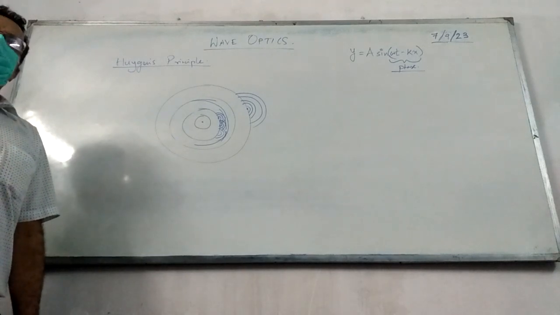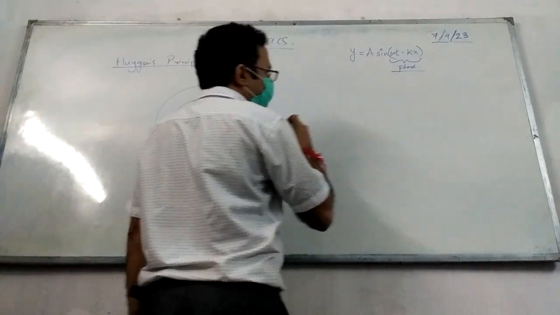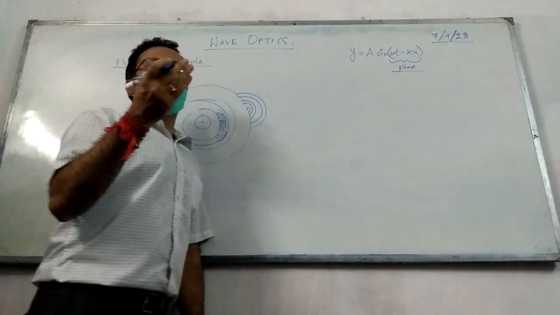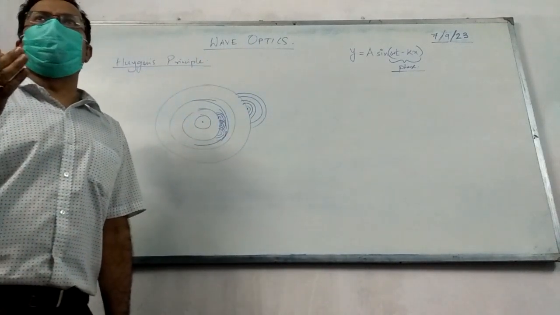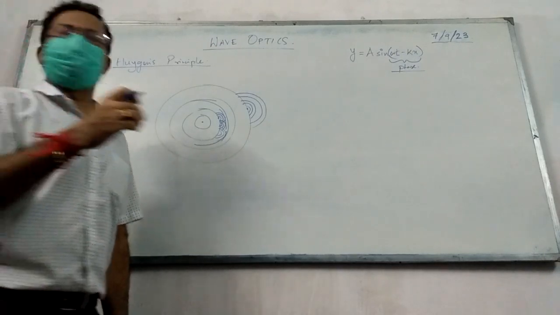अब ये कैसे समझ में आएगा? ये इन जनरल समझने में थोड़ा सा दिक्कत होगा, लेकिन I don't know if you have ever observed during the rain or in swimming pools or some water containers somewhere.